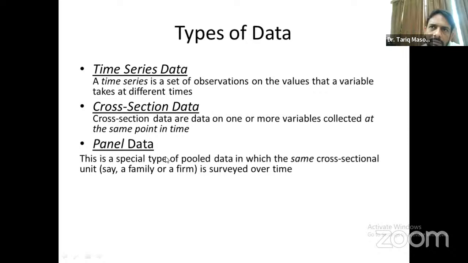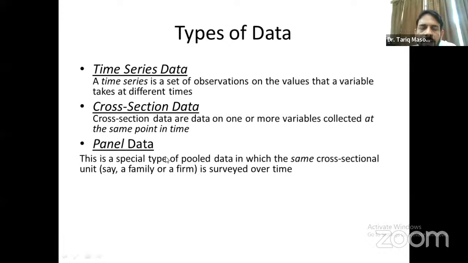For example, GDP of South Asian countries in the year 2022. Time is fixed, but countries are changing. There are a number of countries in South Asia, so there is variability over the space. This is cross-sectional data.